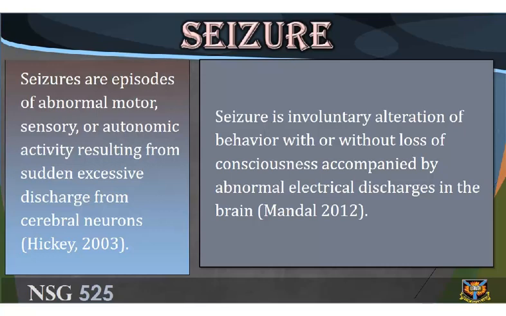A sudden episode of abnormal electrical activity in the brain. The International Classification of Seizures differentiates between 2 main types. Partial seizure that begins in one part of the brain, resulting in tingling or twitching of a small area of the body. Generalized seizures involving electrical discharge in the whole brain, resulting in loss of consciousness.